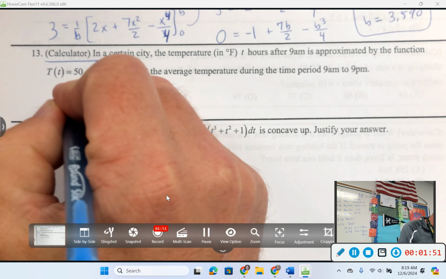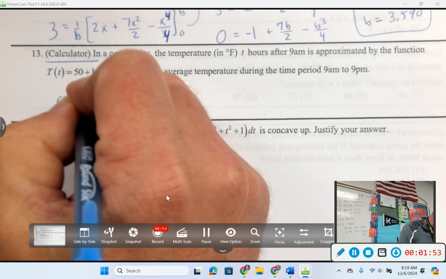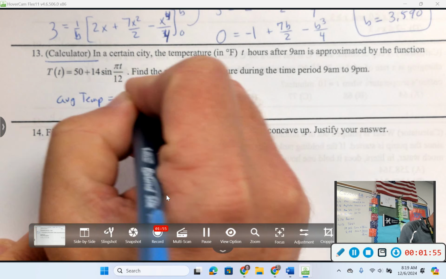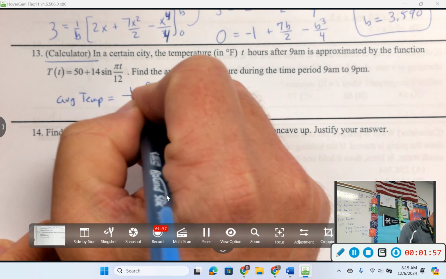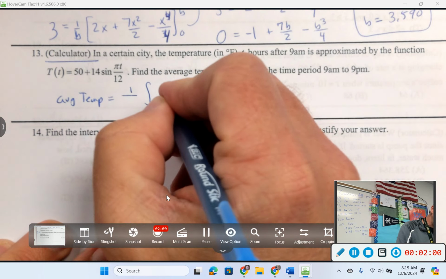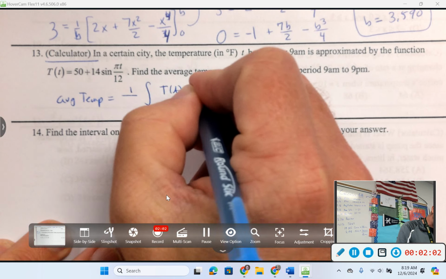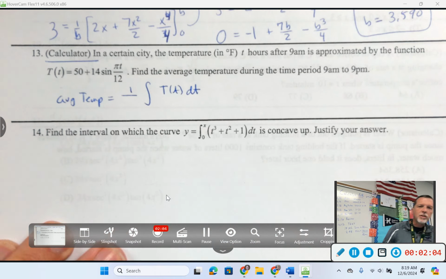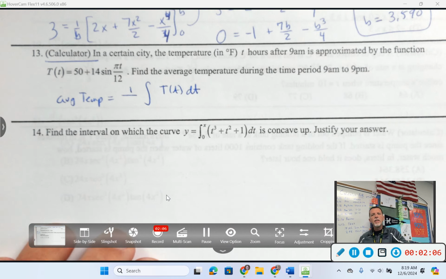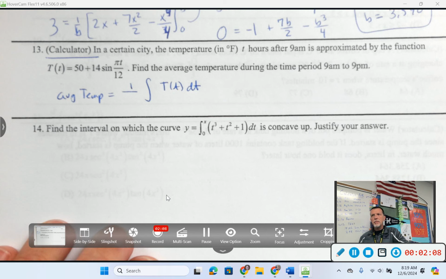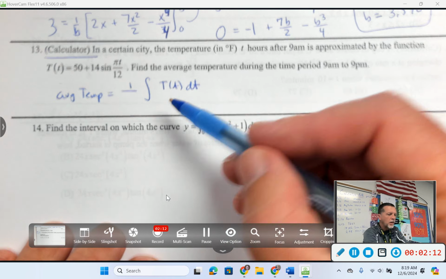I know the formula for the average value: 1 over the integral of, and I'm not going to rewrite all that, I'm just going to put T of T there. From 9 a.m. to 9 p.m. So I guess the trick is, what are my limits?